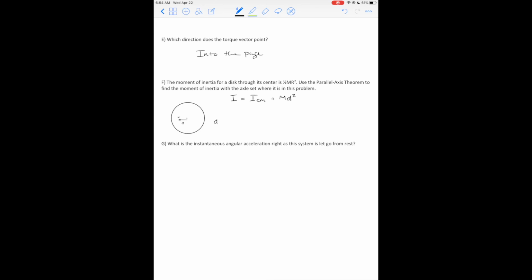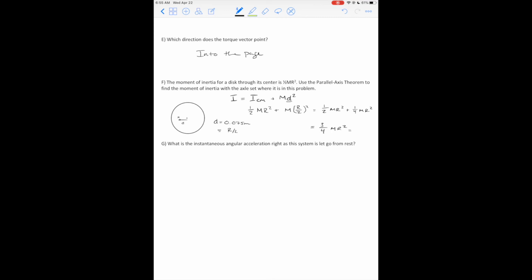D ends up being 0.075 meters. So I have 1/2, or another way that we could say that is R over 2, the radius of this thing over 2. So I have 1/2 mr squared plus m times R over 2 quantity squared. That's what we just said D was. So that ends up being 1/2 mr squared plus 1/4 mr squared. I can say that that is 3/4 mr squared.